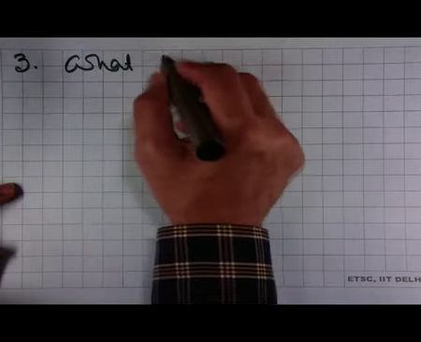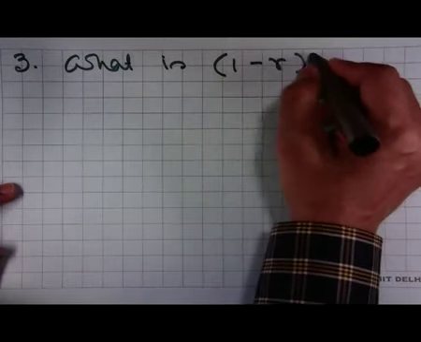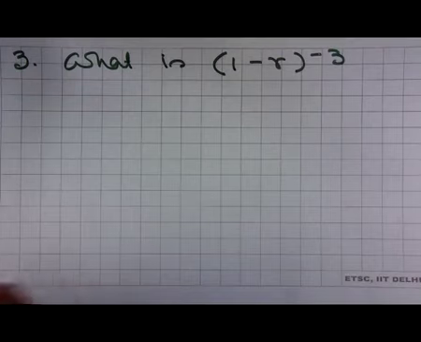What is (1 minus r) whole to the power minus 3?